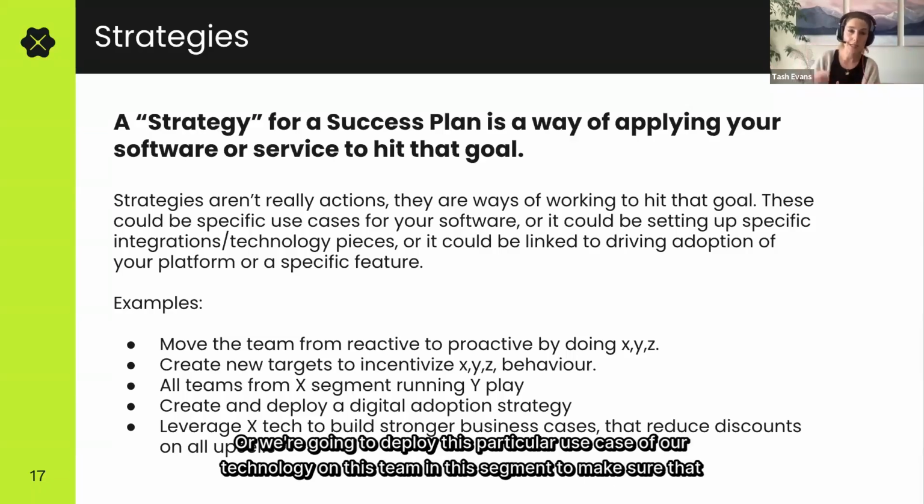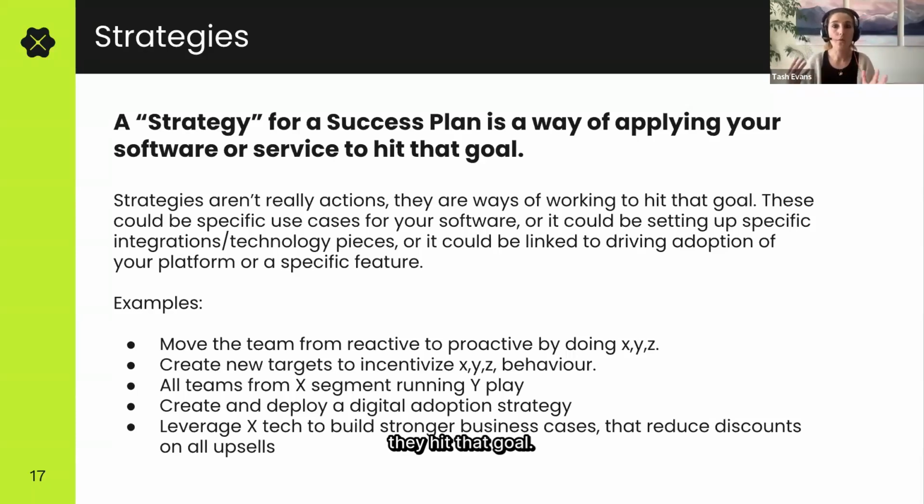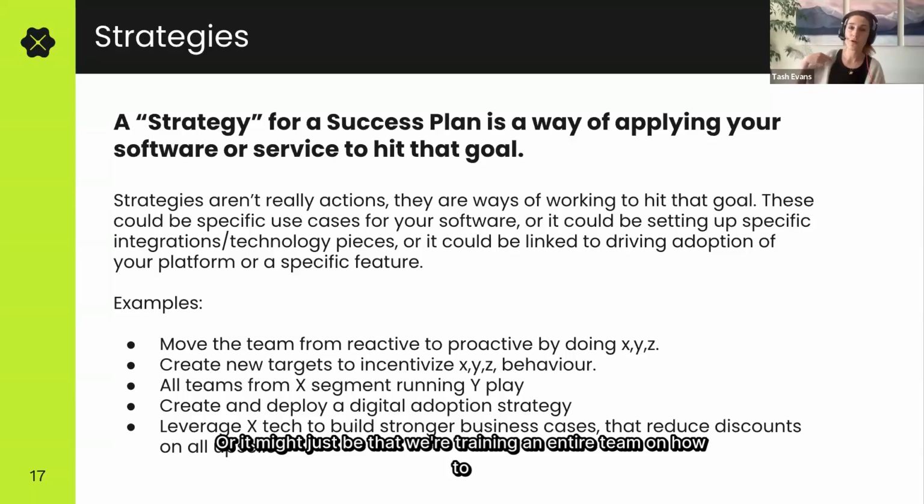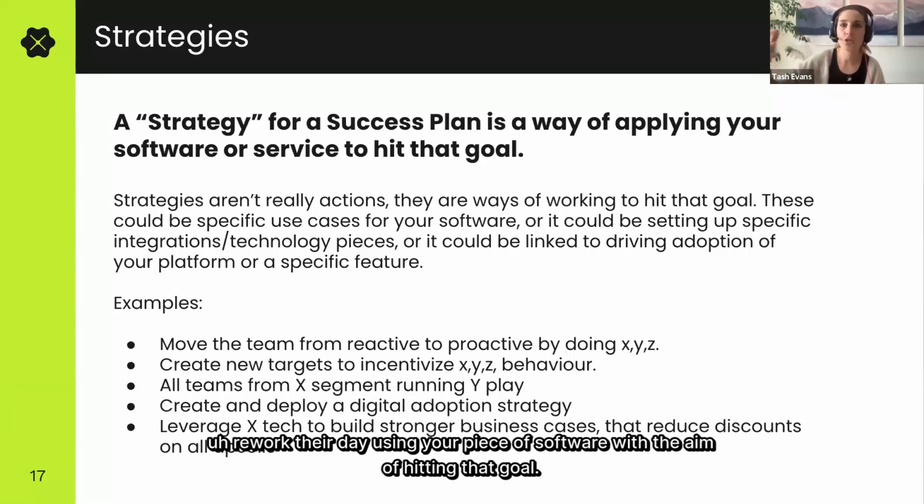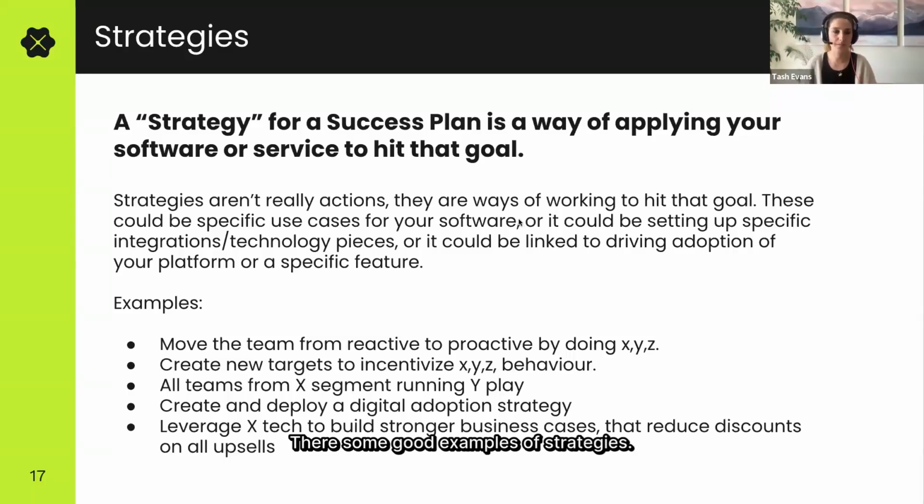Or we're going to deploy this particular use case of our technology on this team and this segment to make sure that they hit that goal. Or it might just be that we're training an entire team on how to rework their day using your piece of software with the aim of hitting that goal. There are some good examples of strategies.